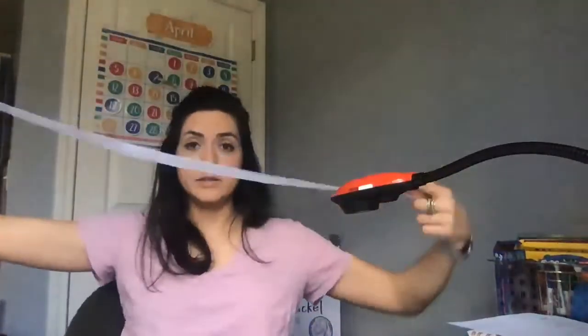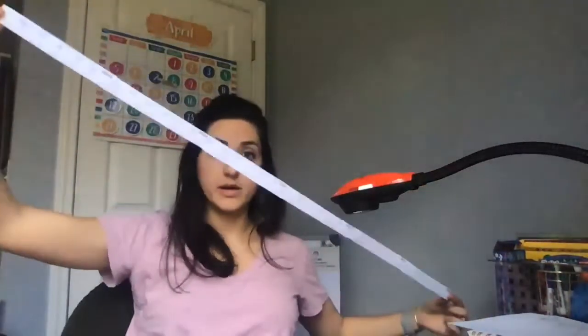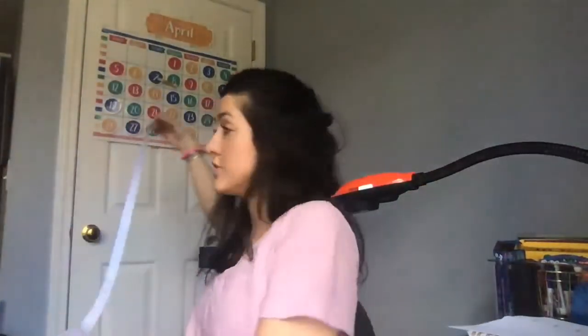Then I would write the sentence frame on my paper: the blank is about blank yards long. This whole thing is about 1 yard. So if my door was about 1 yard long, I would write, the door is about 1 yard long.